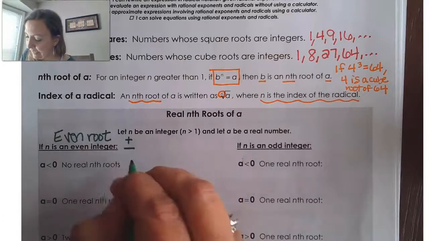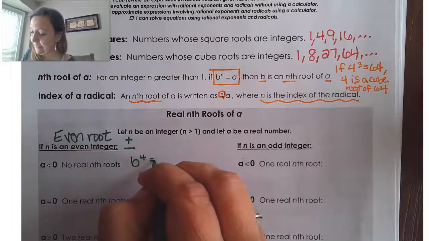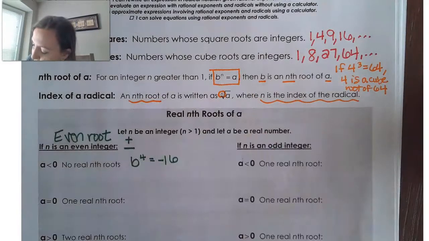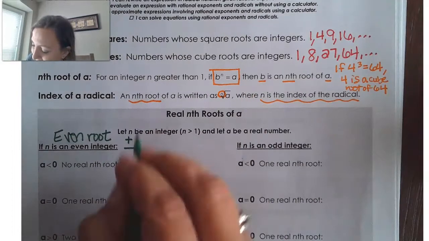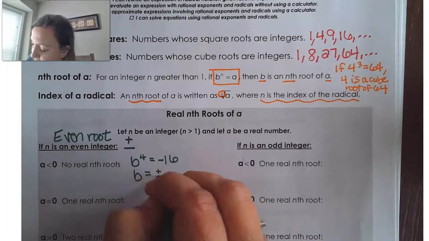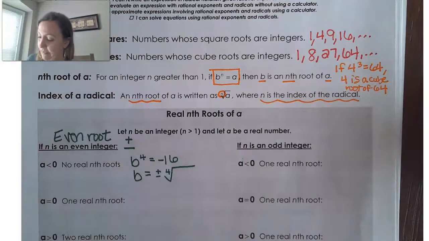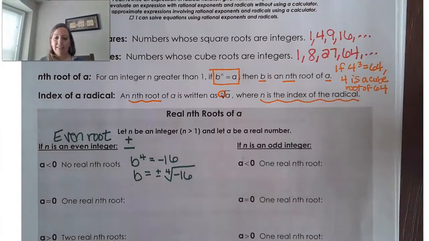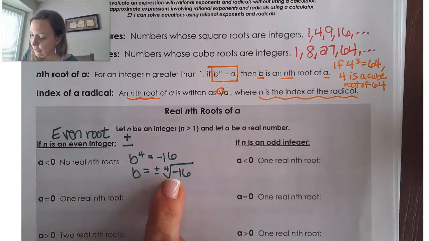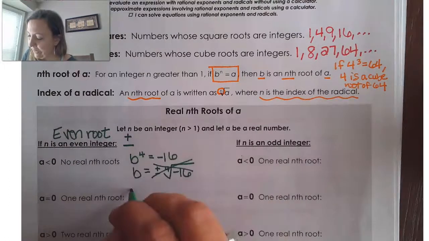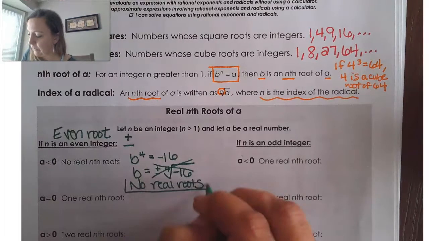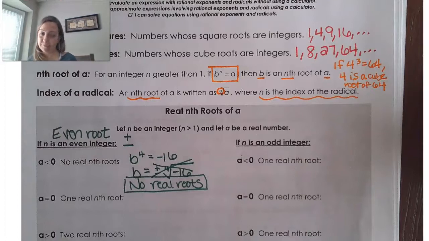If we had something like b to the fourth equals negative 16, so our a value is negative, what we would want to do is take the fourth root, and anytime we insert an even root, an even index, we need that plus or minus. Now the thing is that we can't take the even root of a negative, so that's why we would have no real roots if we have the even root of a negative.